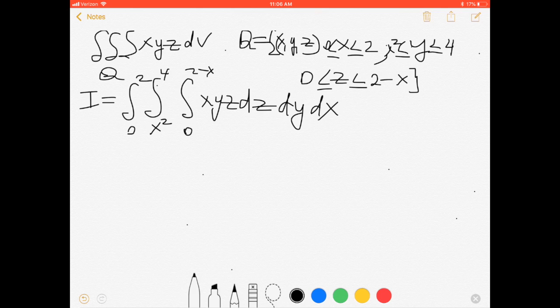Okay, how can I switch the order? For example, I can easily switch the order of y and z, because the border function for y depends only on x and the border function for z depends only on x.